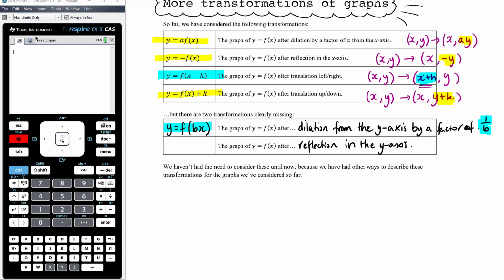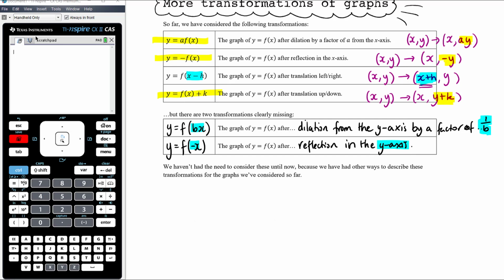And when we reflect in the y-axis, it's also about it all being inside the function. It is when we get f of negative x. It's going to reflect in the y-axis. Okay. So when we do things inside the function, like what we're doing here, they affect the x-coordinates of the function, and therefore it's about dilating from the y-axis, reflecting in the y-axis, translating left and right.